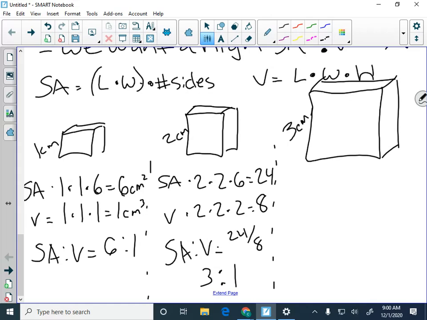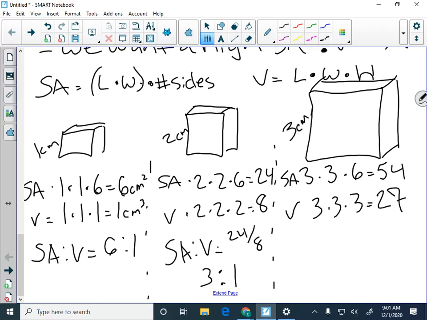With our 3 by 3 by 3 cube, we've got 3 times 3 times 6 is 54. Our volume is 3 times 3 times 3, which gives us 27 centimeters cubed.